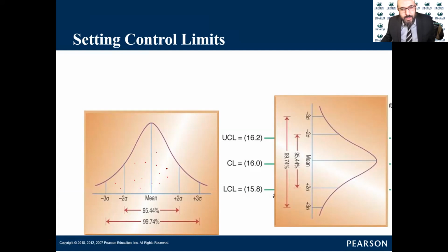Now we're going to plot the data based on the control chart, and the data will be around here. Exactly the same thing, but flipped 90 degrees, and that will help us to see if the process is in control or out of control. If the process exceeded the control limits, that would be an out of control process.